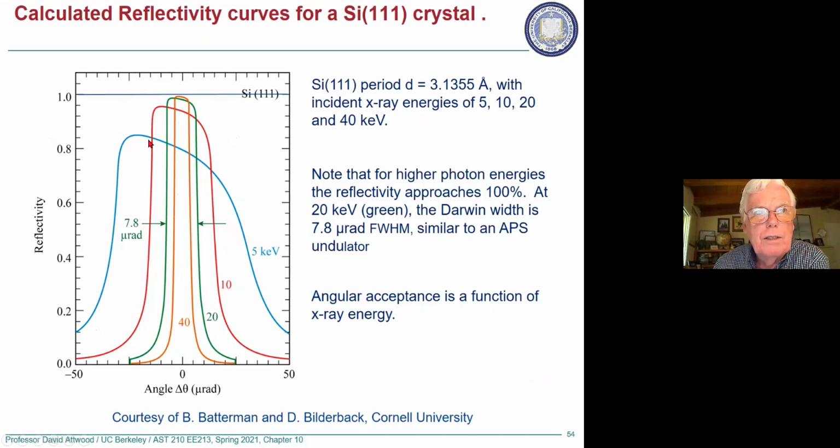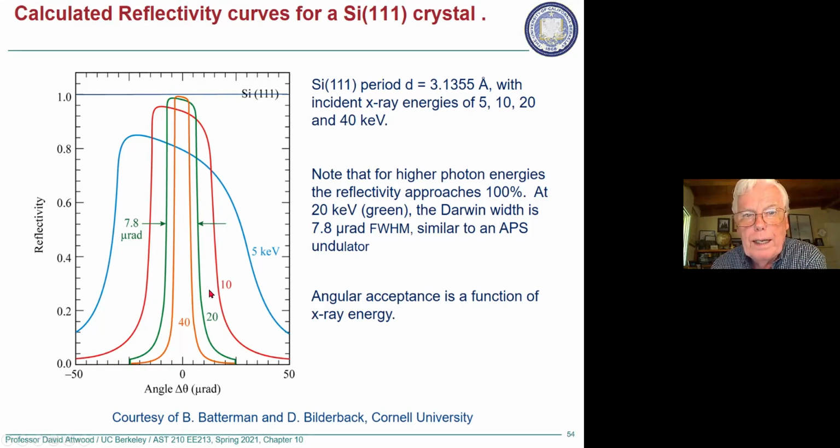There are quite a few cases here where, even the green one at 7.8, that's in microradians, the green one would be, I guess, 20 keV, you're up above 90% reflectivity. Even the red one at 10 keV, a very, very common wavelength. This is giving the angular width of the crystal. If your source is broader than that, it just won't reflect outside of those angles.